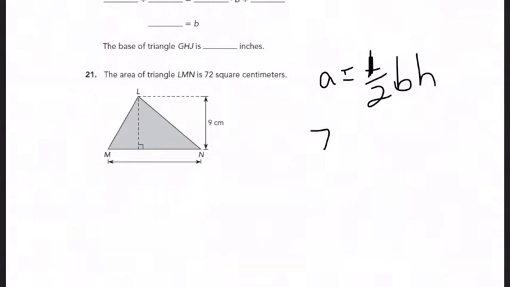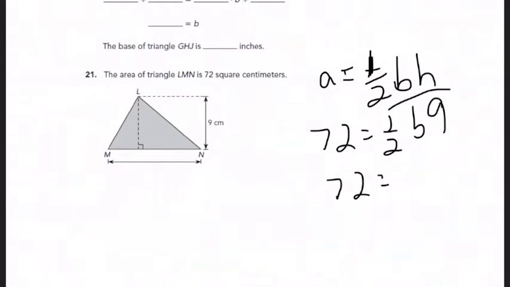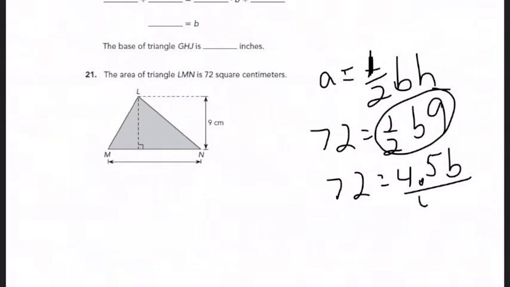The area they tell me is 72 equals 1/2 the base, I don't know. The height is 9. So I'm going to do 72 equals this. I'm going to take half of 9 because I know it's 4.5. B for the base. Divide by 4.5. Divide by 4.5. Sorry. It's hard to write down here.